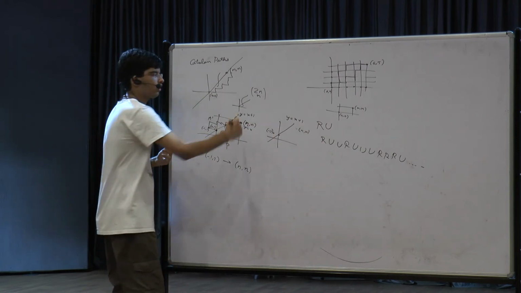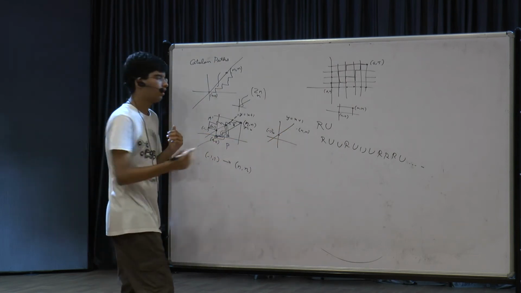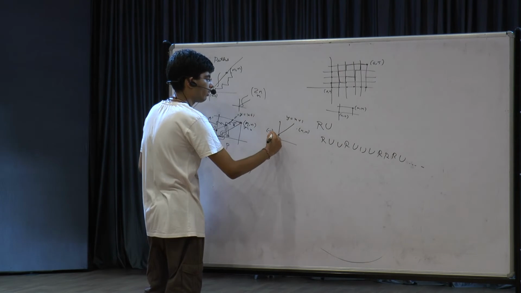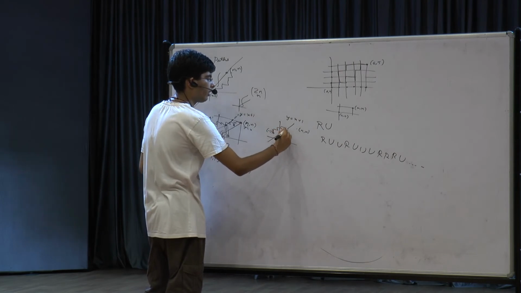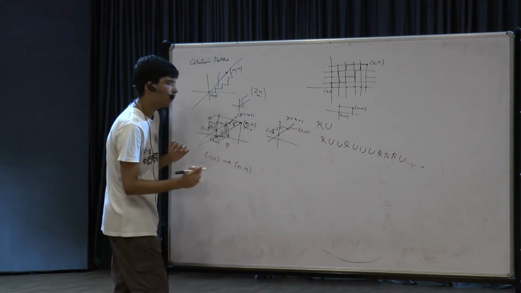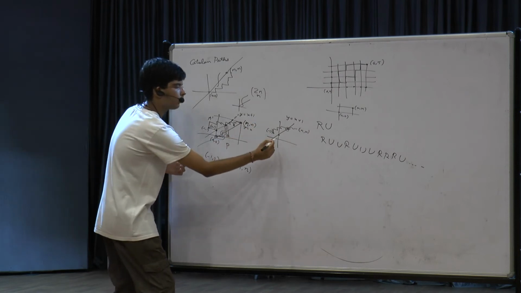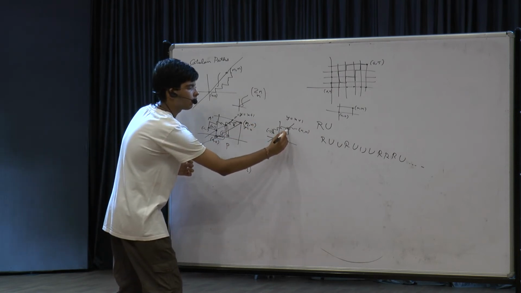You cannot just keep on traveling in this region and reach n, n. So you'll have to cross this line. And so suppose we cross this line at the first point here, and then we do whatever we want. So the moment we make the first cross, we reflect this path back to the Catalan path.